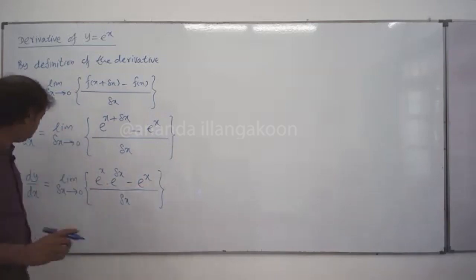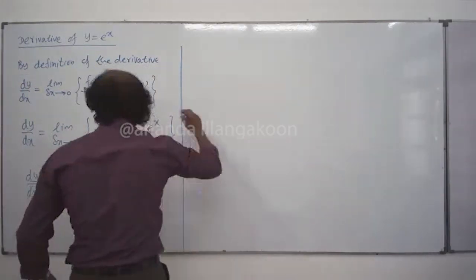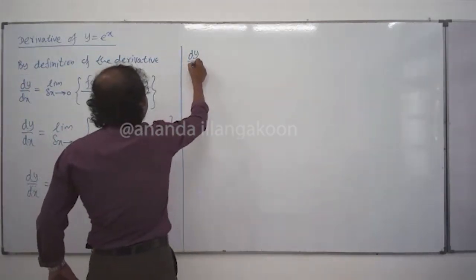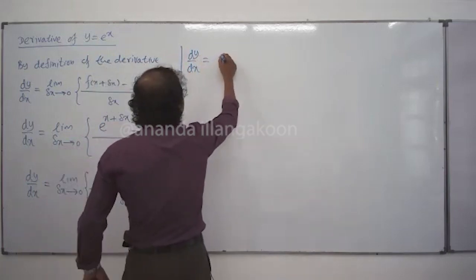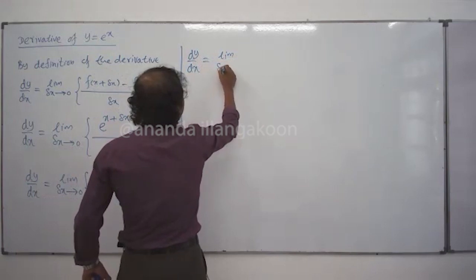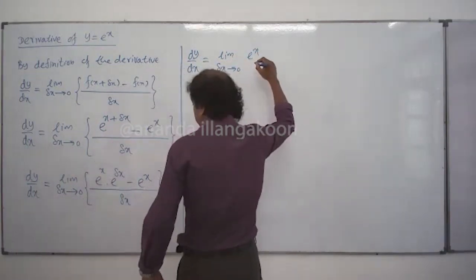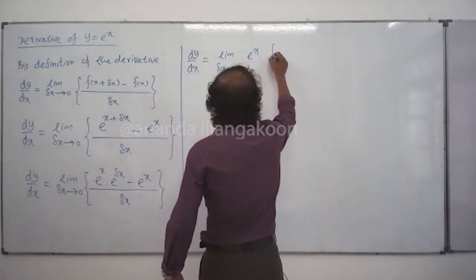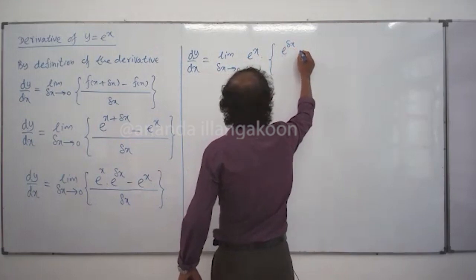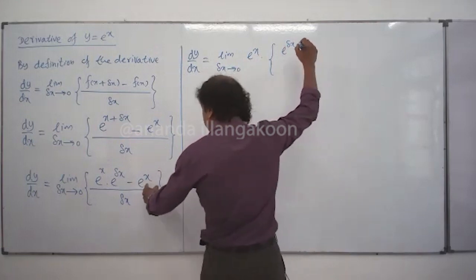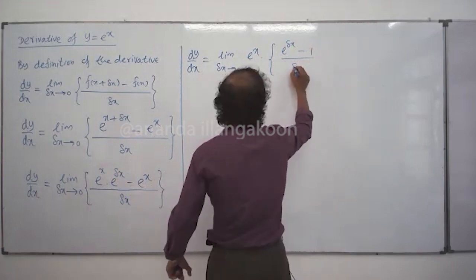Take this e^x out. dy by dx, limit delta x going to 0, e^x we can take out. Then within the bracket we have e to the power delta x; once I take e^x out, we get there 1, here delta x.